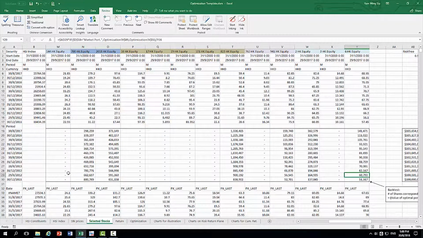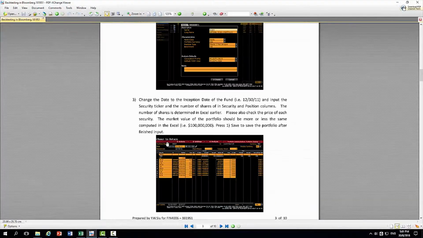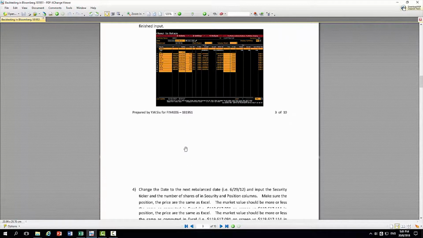Otherwise, the weighting would not be the same. So it means when you rebalance the portfolio in June 2012, you need to input the number of shares like this to your Bloomberg backtesting function.